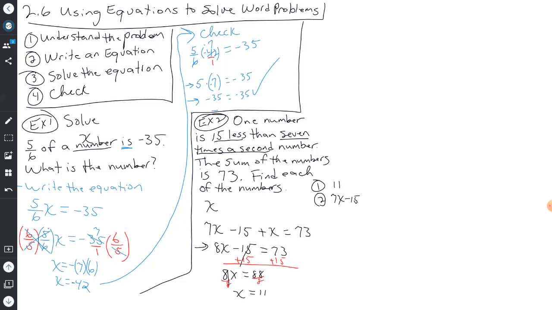By substituting in, so when we do that, what will we get? What would that become? And so we have the two numbers, 11 and 62. Okay.